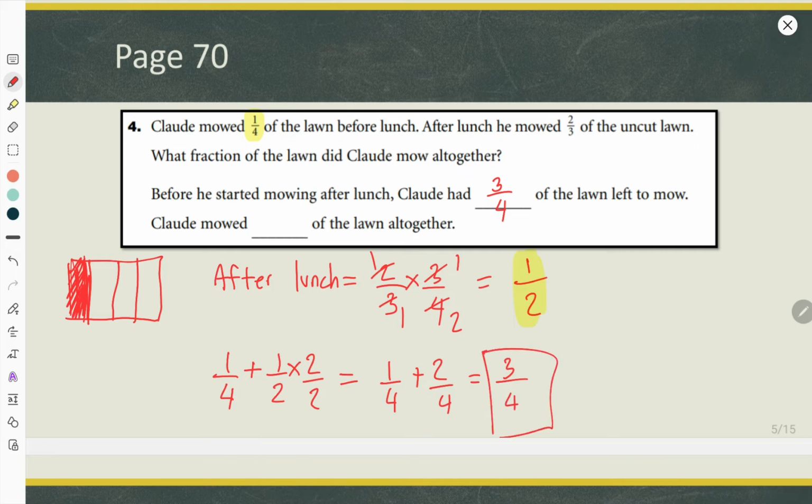So totally he mowed 3/4 of the lawn. All right, guys, make sure you understand this question, and whenever you have a word problem, make sure you draw the figure out, or whatever makes it easier for you to understand.